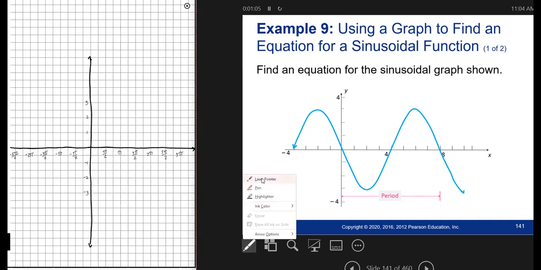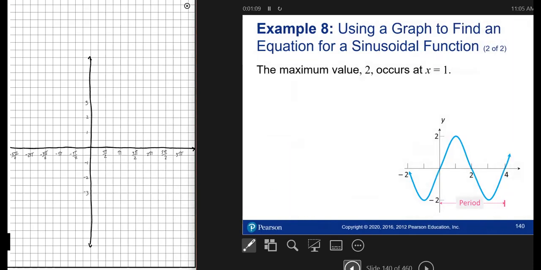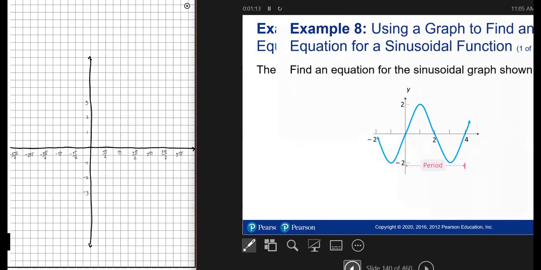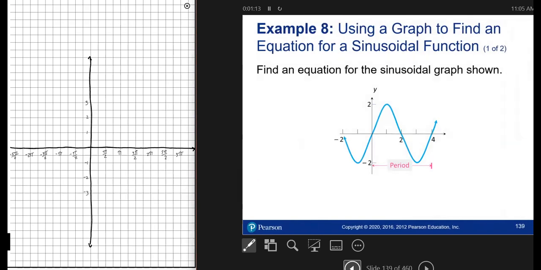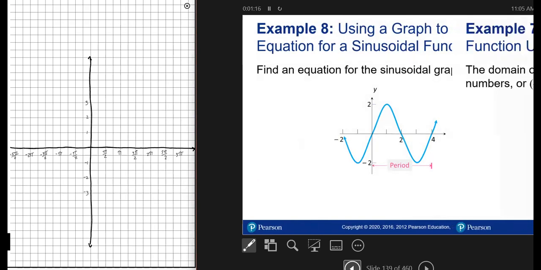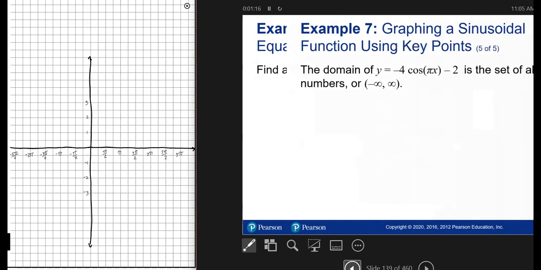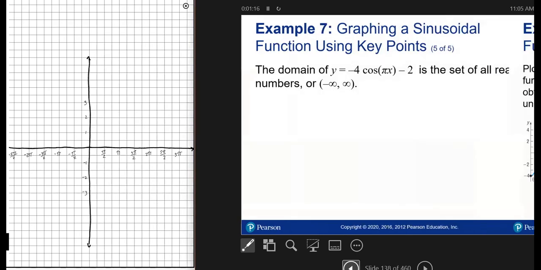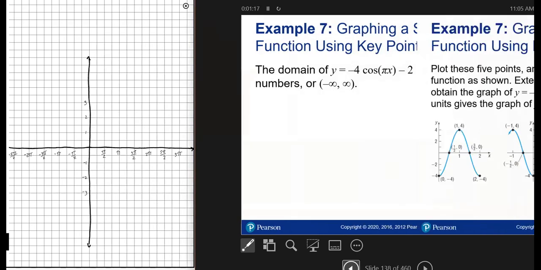No. So we did cosine as well. We do this one.